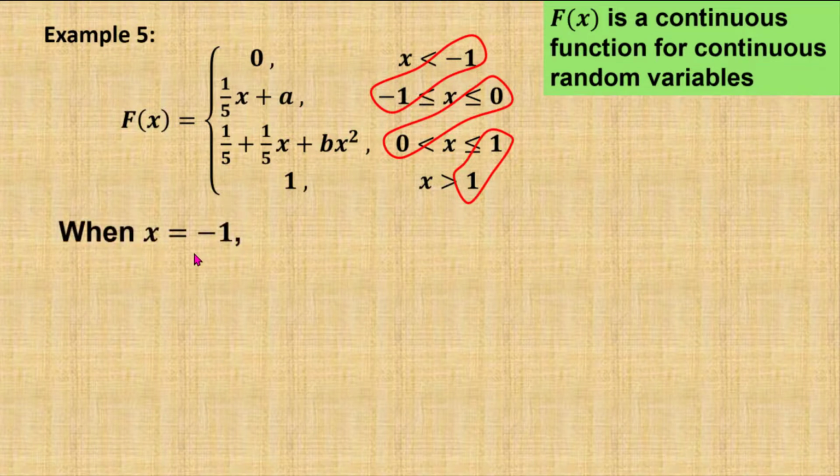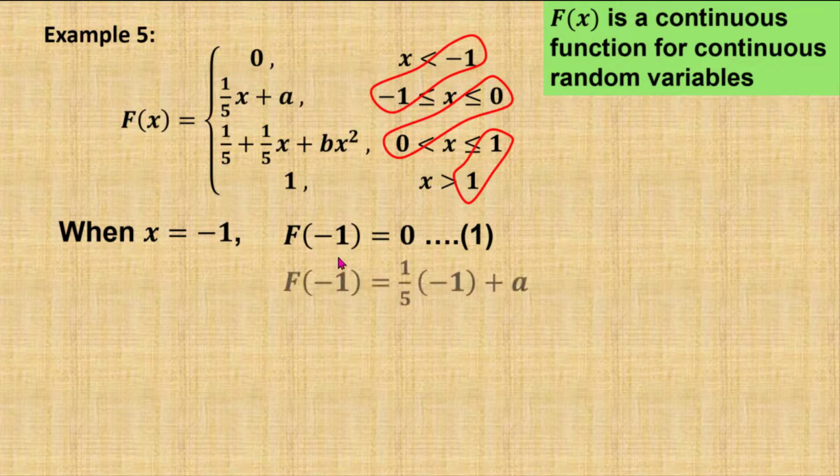When x is equal to -1, for this interval, f of x is equal to 0, and for this interval, f of x is 1 over 5 x plus a. When we substitute -1 into x and simplify, it is equal to -1 over 5 plus a.